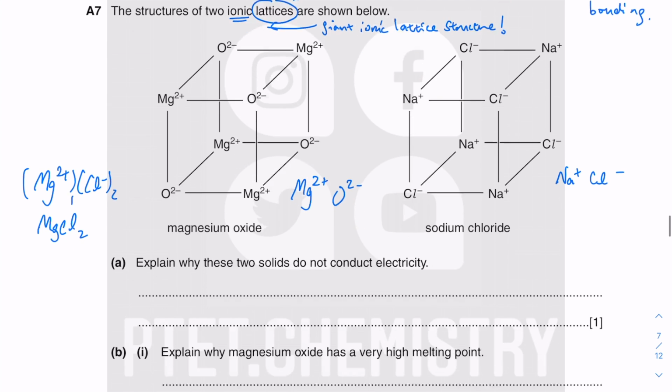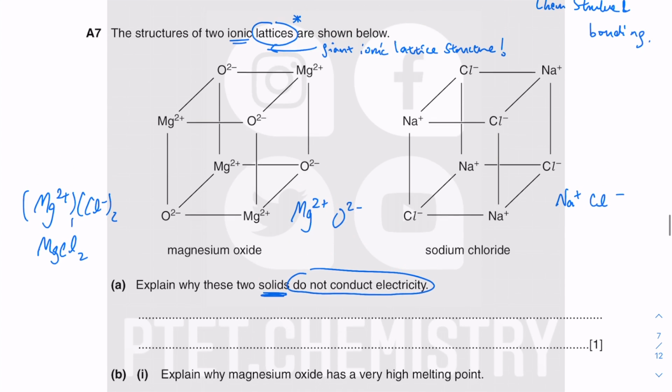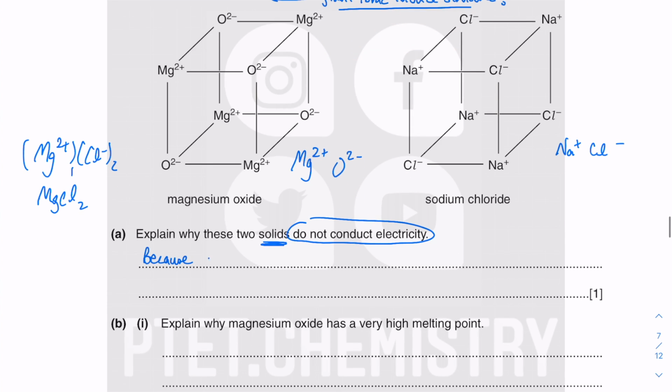Alright? So explain why these two solids do not conduct electricity. So the key thing here really is solid. This is a giant ionic lattice structure. So ionic compounds do not conduct electricity when they are solid because in terms of kinetic particle theory, in the solid state, remember that the particles are actually closely packed together.